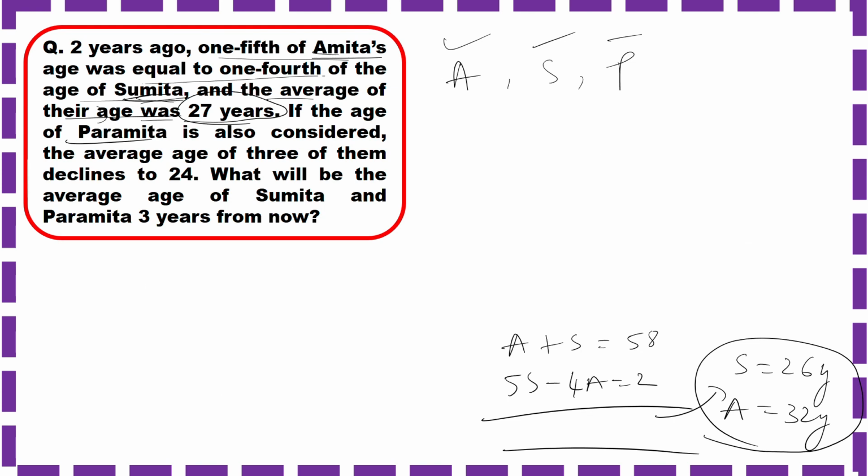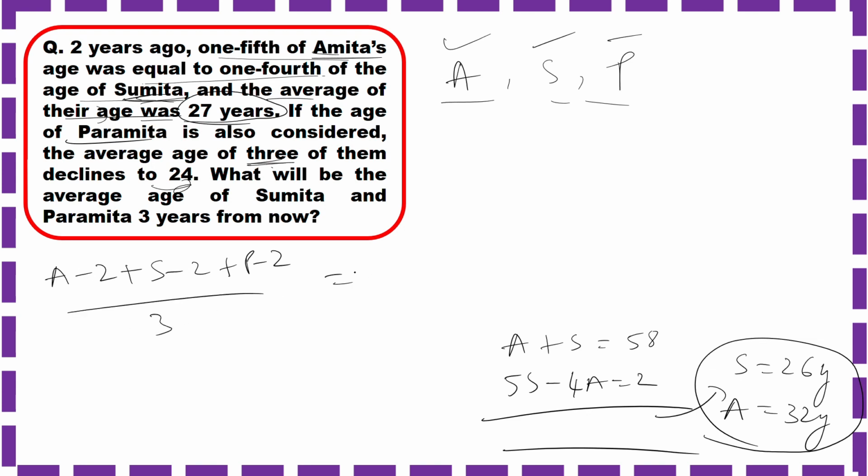Now it's also given that the average age of these three, Amita, Sumita and Parmita, was 24 two years ago. So A minus 2, because before 2 years, plus S minus 2 plus P minus 2, we are taking the average, so by 3.